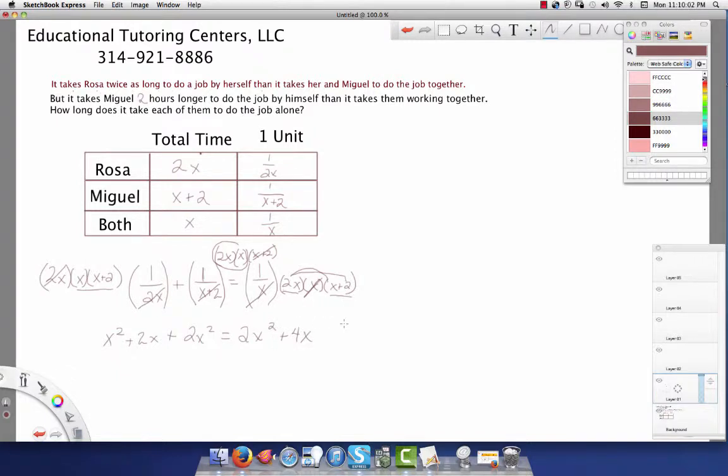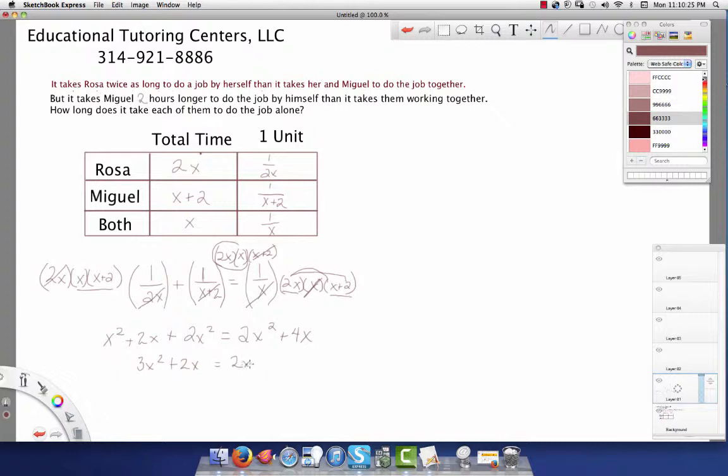Now our goal is to solve for x, so let's see what we can come up with. Here on the left side of the equation we have x squared plus 2x squared, so that makes 3x squared plus 2x, and then that equals 2x squared.